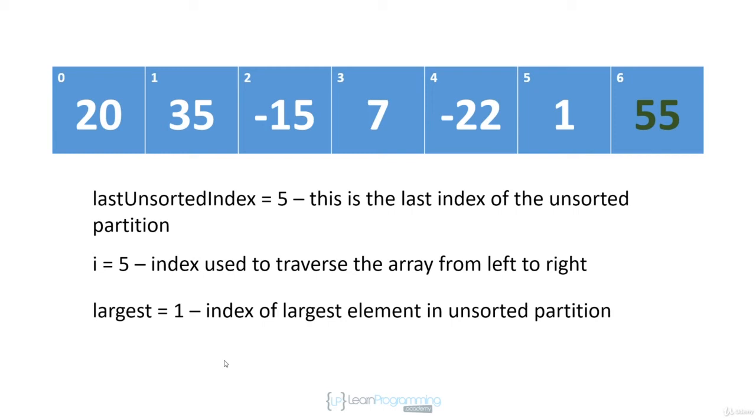What we want to do at this point is swap the largest element, which is at position 1, with the last element in the unsorted partition, which is at index 5. So we're going to swap 35 and 1. And at this point, 35 and 55 are in their correct sorted positions, and we decrement the last unsorted index, so now the last unsorted index of the unsorted partition is 4.